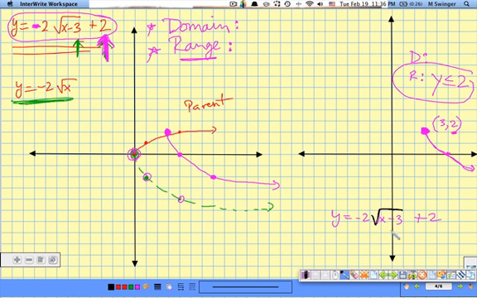So here's what you have to do. To find domain, make a note of this because you won't remember. Find domain, set the quantity under the radical, which is what in this case?